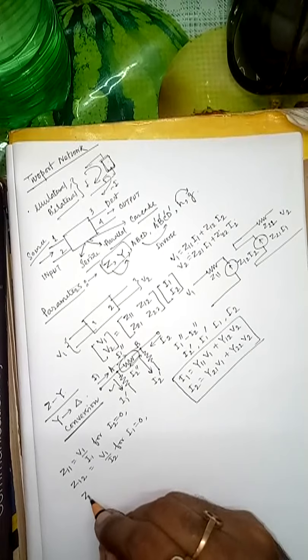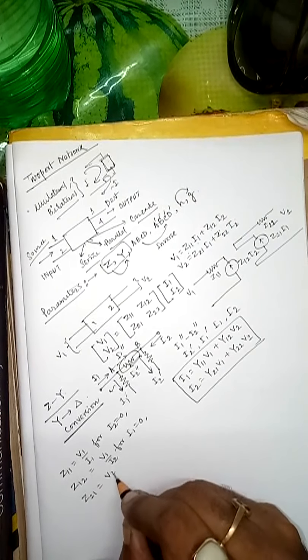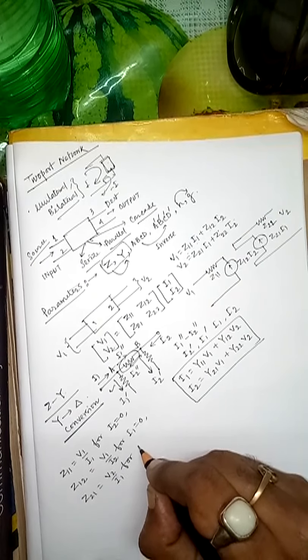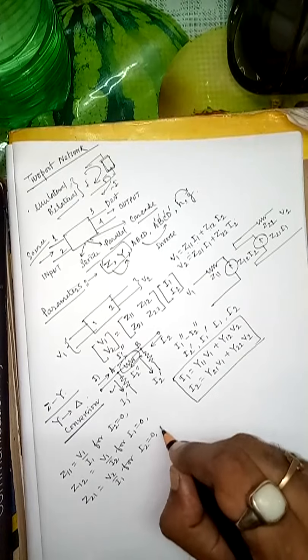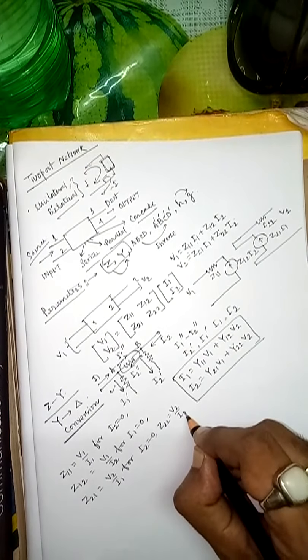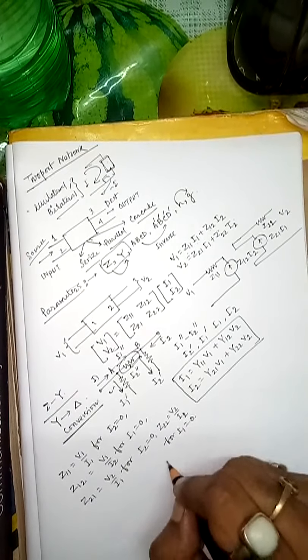In the same way, Z21 equals V2 by I1 for I2 equals 0, and Z22 equals V2 by I2 for I1 equals 0.